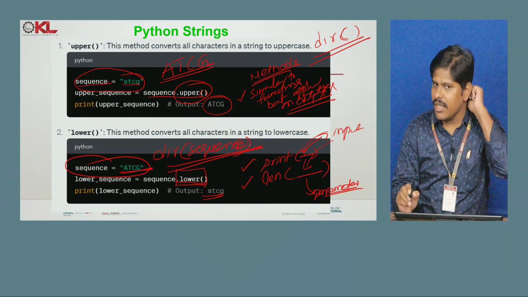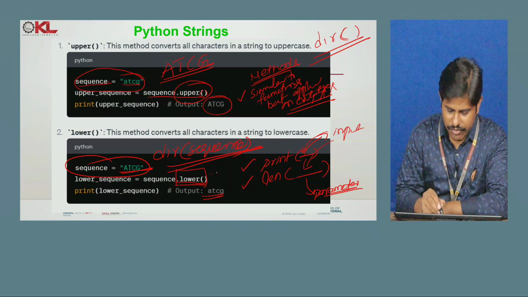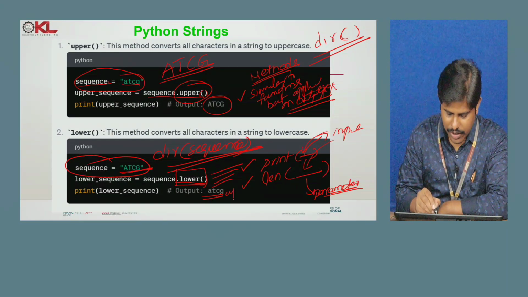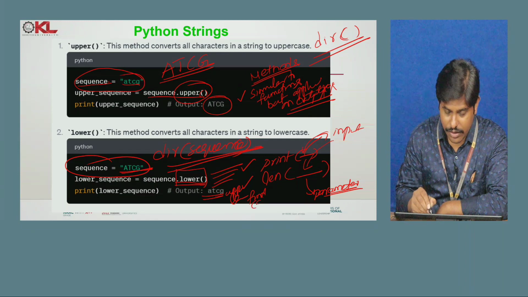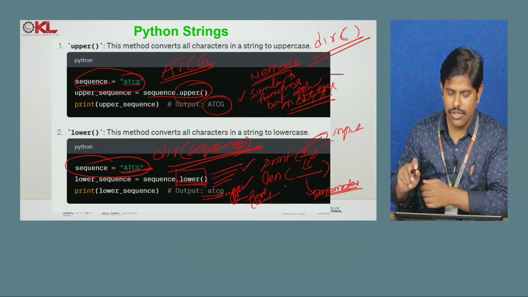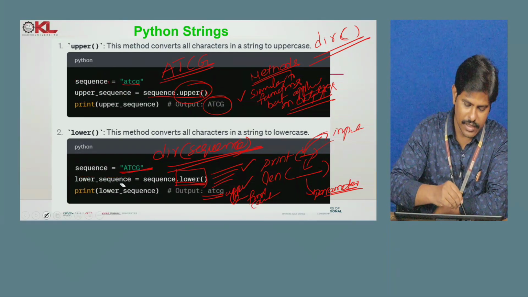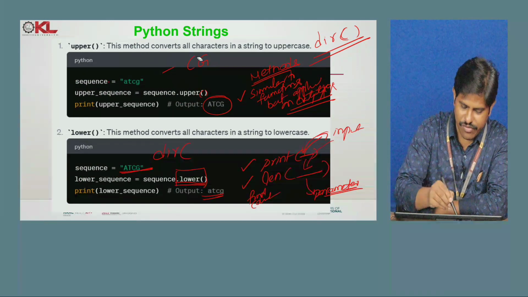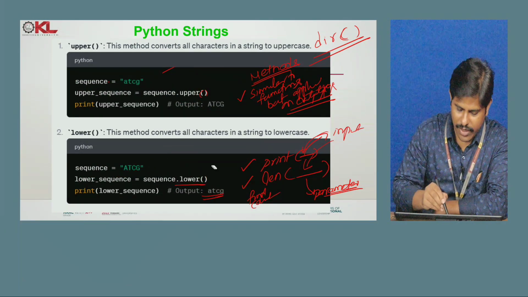The output will be printed on the screen with different method names: upper, lower, find, count, and so on. We'll see these things in coming sessions while we do the programming.